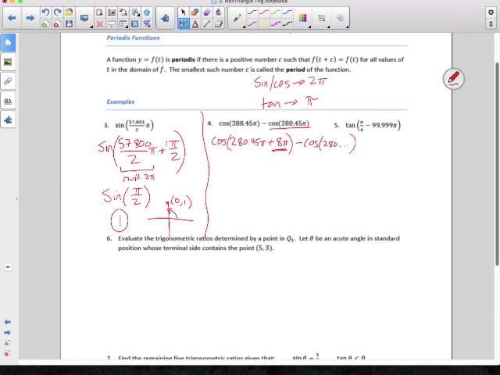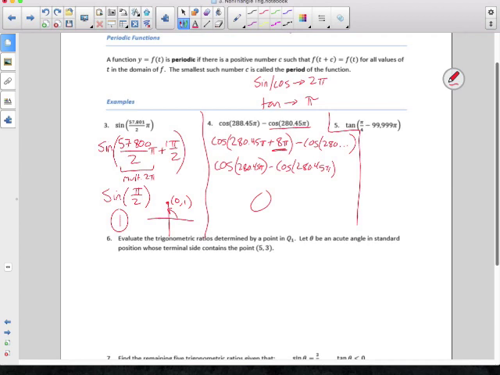Well, this 8 pi says it just repeats itself. It goes around the circle 4 times, 2 pi each time. And so this is actually identical. So I really have cosine of 280.45 pi minus another cosine of 280.45 pi. Now they just cancel each other out. I'm left with 0.